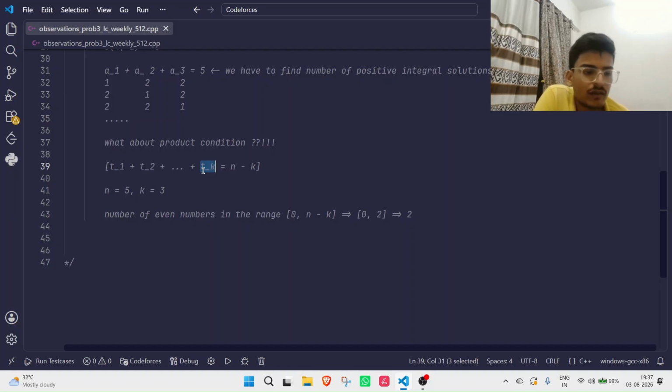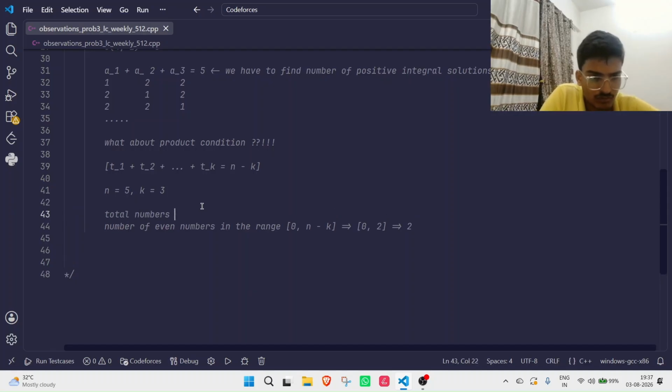And suppose no one takes any of the values.